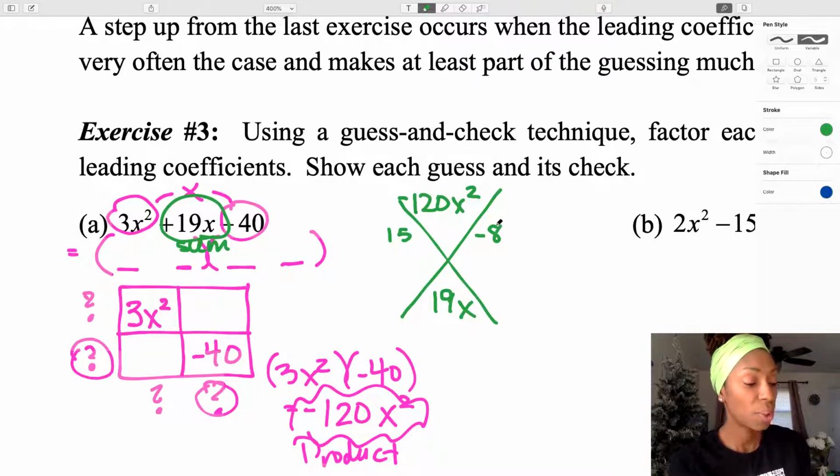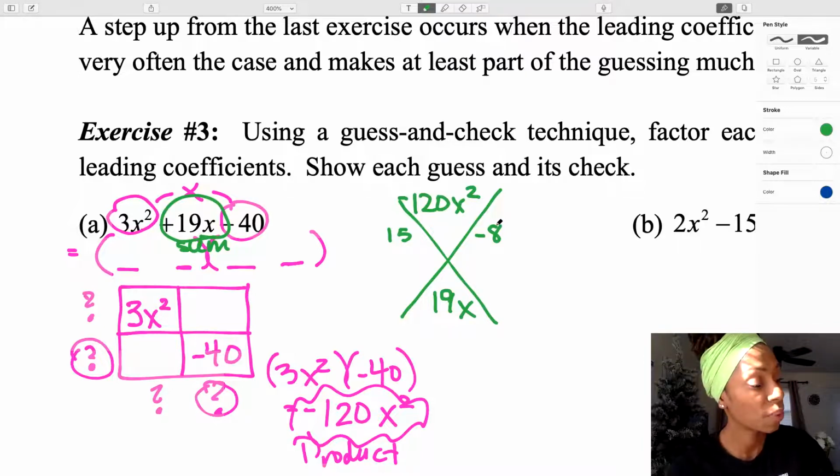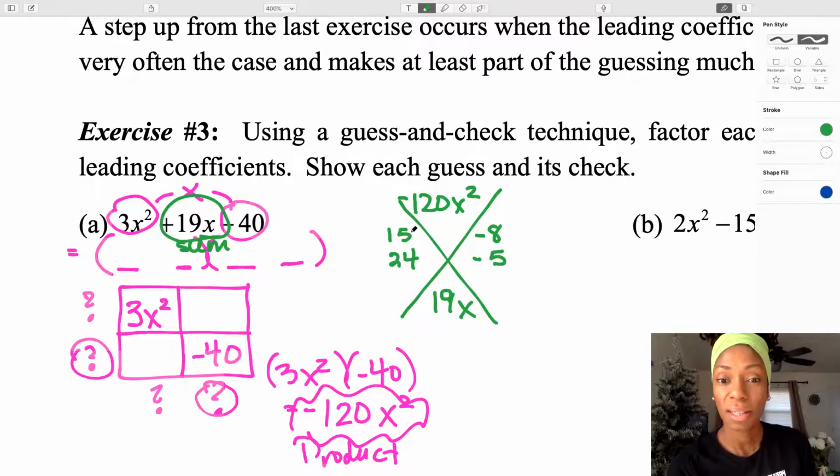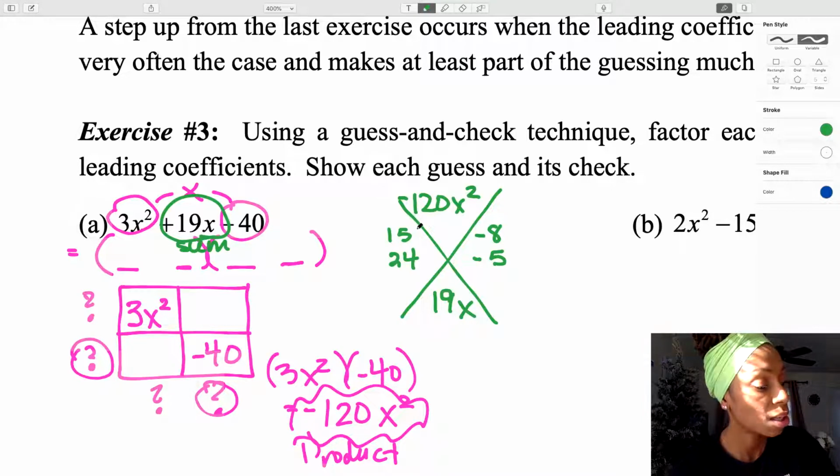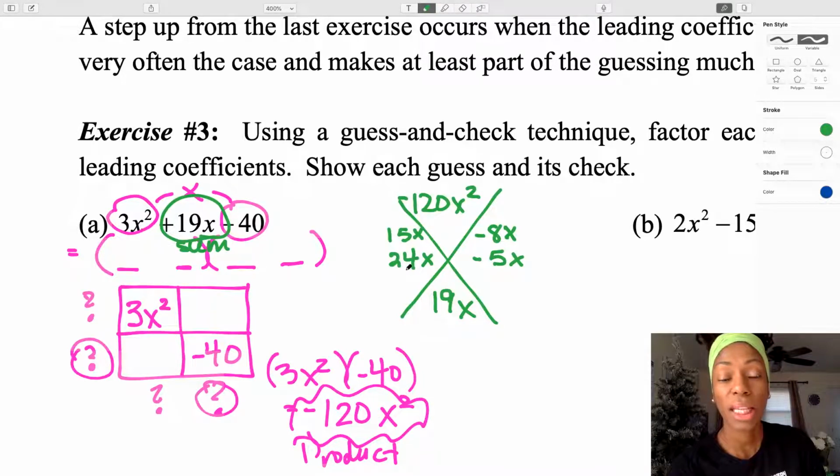We could do 120 divided by 5. We get 24. So we can use 24 and negative 5. That gives me 19. So don't forget your x's, because when you multiply 24x times negative 5x, you get negative 120x squared. And when you add 24x plus negative 5x, you get 19x.